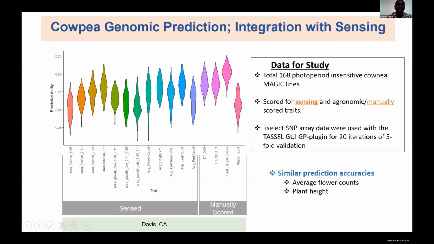You can see there is some equivalence in terms of prediction accuracies, although the manual or conventional data has a higher prediction accuracy. So this shows that for this particular trait, the AI is picking up something similar to what manual collection can. If that's the case, a breeder can potentially use AI data, which has the advantages I mentioned, to do genome prediction and shorten the breeding cycle.